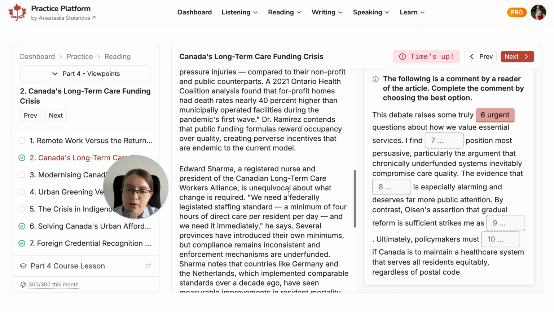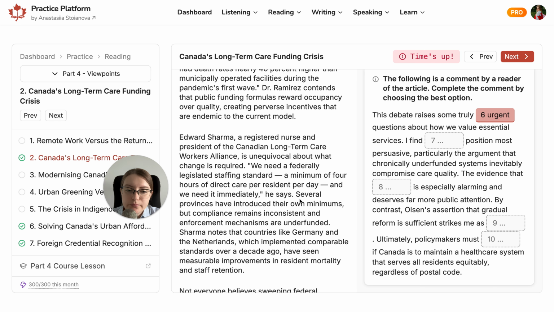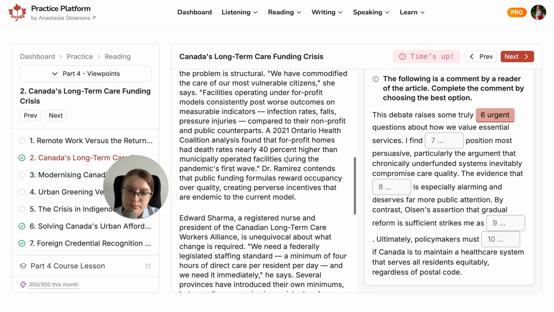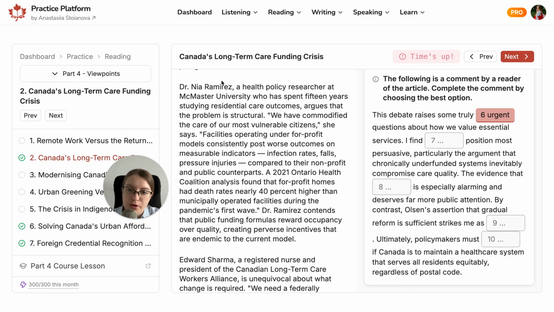Who talked about that? Remember that we had this argument, chronically underfunded. Who said that? Maybe I'm just showing you. We had Ramirez. You can pause and reread.